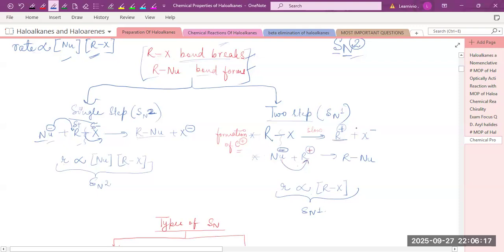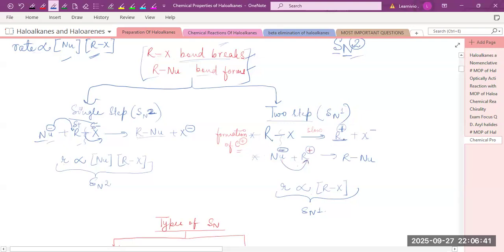And if carbon के ऊपर positive charge आता है, तो it is carbocation. It's a carbocation because the alkyl group contains carbon, and if the positive charge occurs on the carbon, it is your carbocation. So first step in the unimolecular nucleophilic substitution reaction is the formation of carbocation.